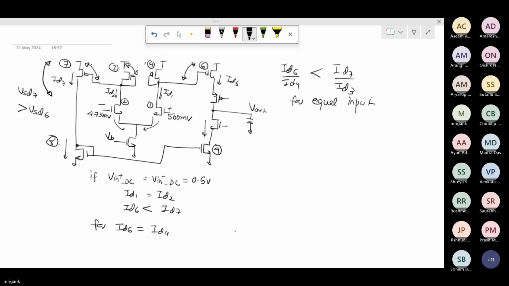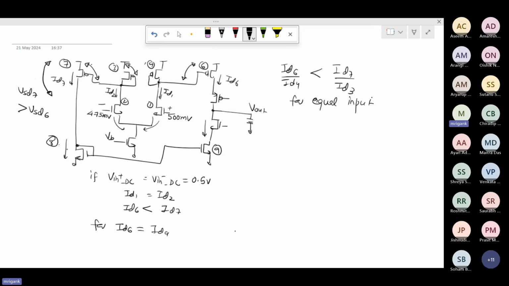That the VSD of M6 is lesser. VSD of M7 is bigger. Although the VGS are same, but VSD is bigger for M7. As a result, now if I keep the same DC voltage at the two inputs, that is going to lead to a larger current in M7. ID3, ID4 are same, but ID7 is bigger.